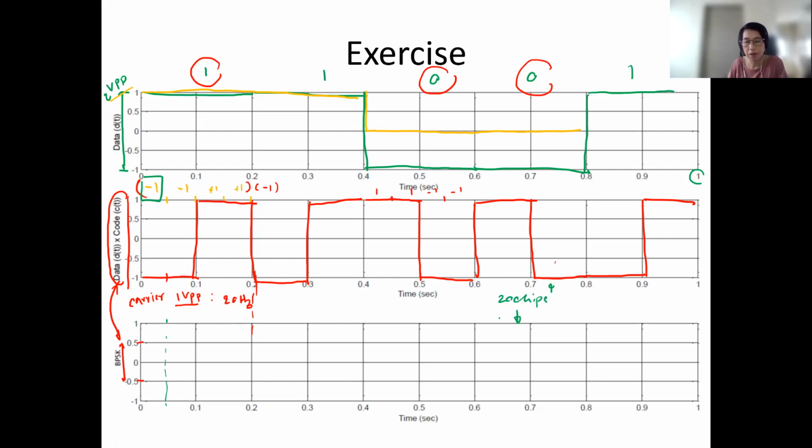And for the modulation, you have 20 cycles also, right? So it means that 1 chip represents 1 cycle, right? So here you have to see what data comes into the modulation. So this is -1.